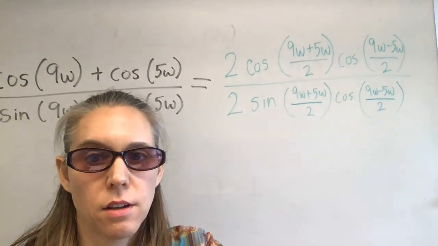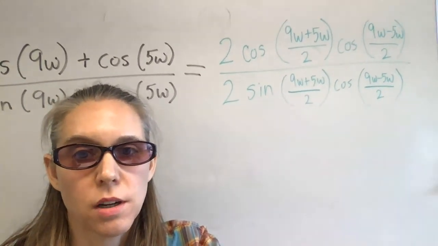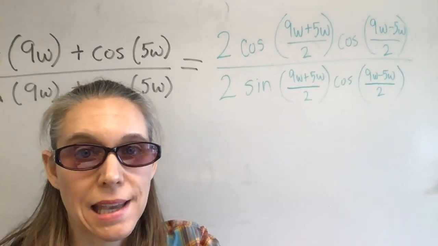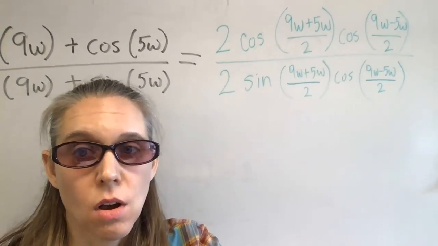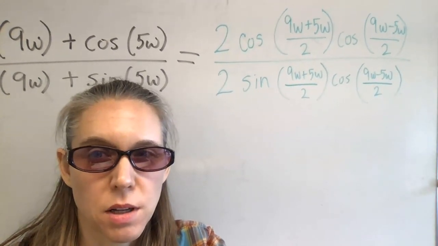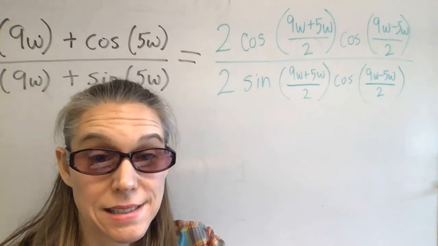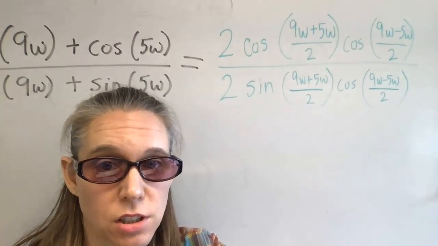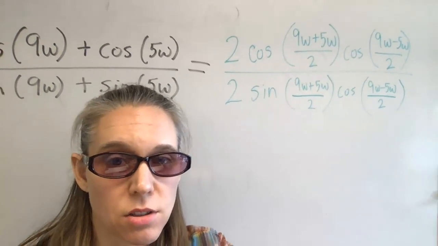All right, there you go. Now, for our numerator and our denominator, we have a 2, which means that we can cancel the 2's. Also, the cosines of 9w minus 5w over 2 are identical, so we can also cancel those. That's going to leave us just with this cosine-sine combination.